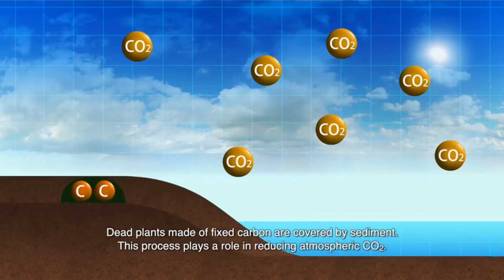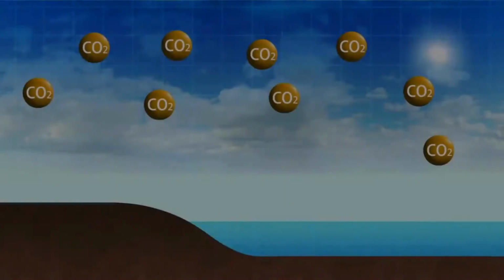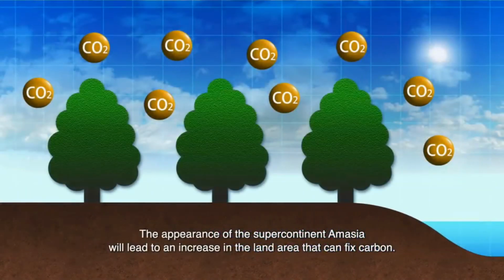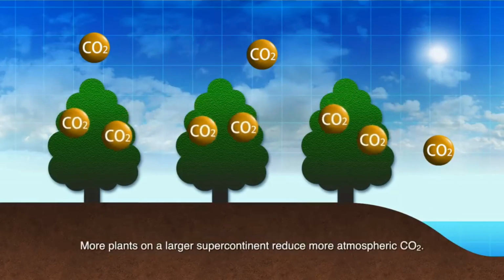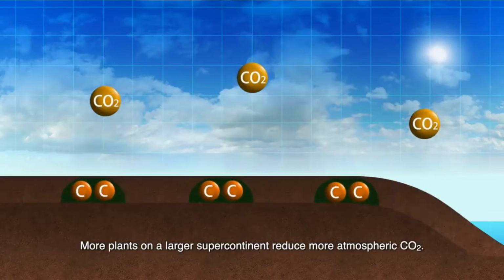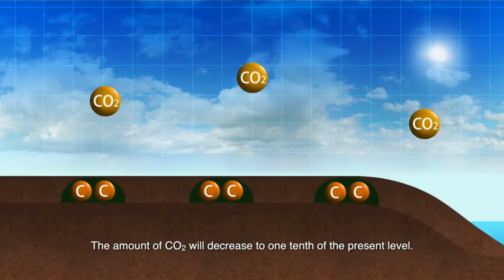This process plays a role in reducing atmospheric CO2. The appearance of the supercontinent Eurasia will lead to an increase in the land area that can fix carbon. More plants on a larger supercontinent reduce more atmospheric CO2. The amount of CO2 will decrease to 1/10 of the present level.